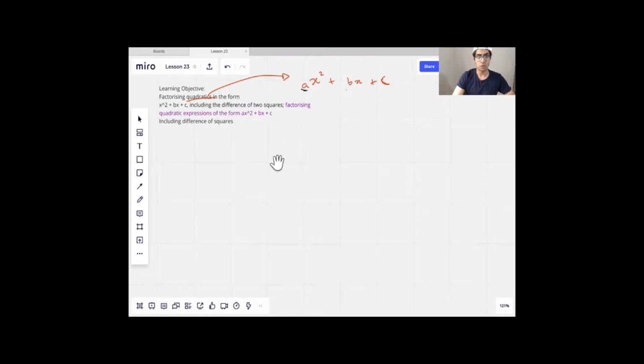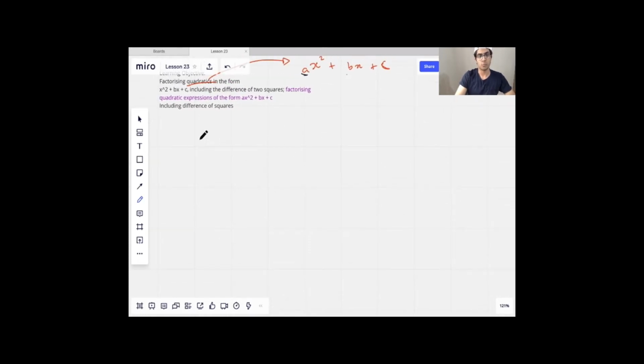Okay, so say we have a question where we have to factorize the quadratic x squared plus 7x plus 10 into a binomial form, i.e. into the form of x plus a and x plus b. Since we have to factorize it into this form, why don't we expand this side out and see what happens.